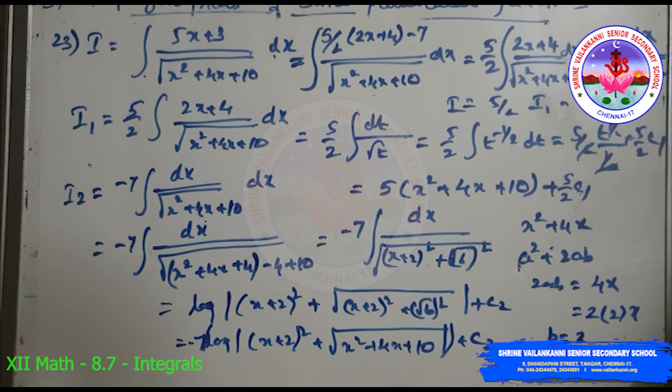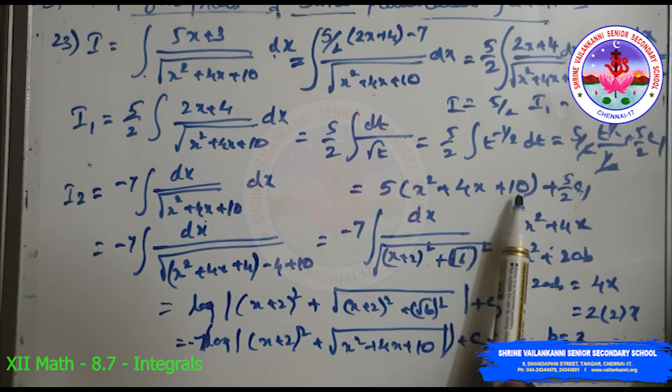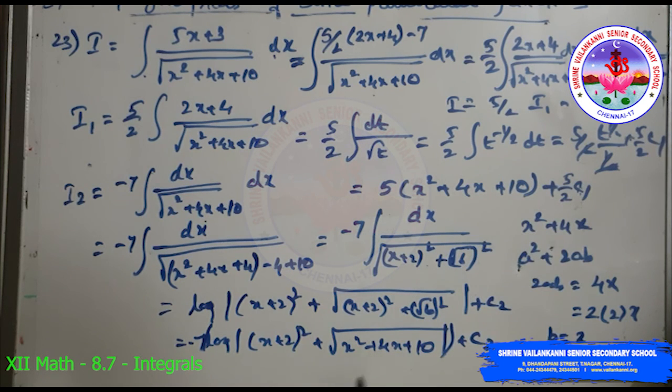I equal to I1 plus I2. So I1 is 5 into root of x square plus 4x plus 10 plus 5 by 2 c1, and I2 is minus 7 log of (x plus 2) plus root of x square plus 4x plus 10, minus 7 c2. Now we have to add these two.